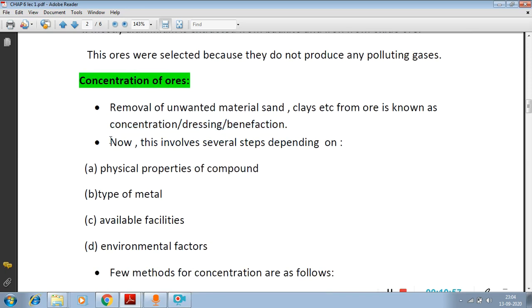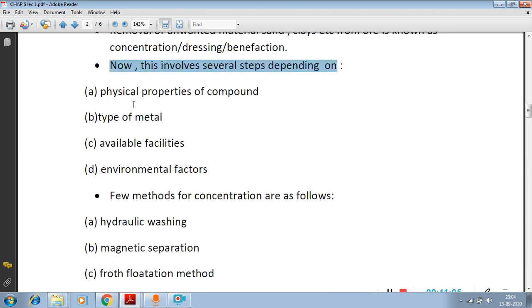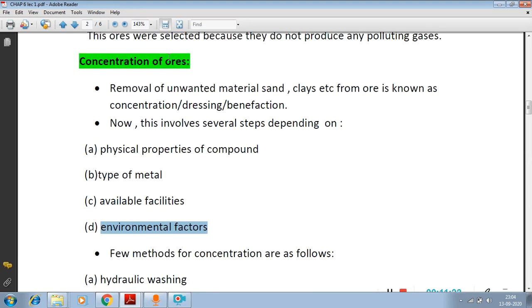Now this involves several steps. Concentration involves several steps, and these steps depend on the physical property of the compound, the type of metal we are getting, available facilities, and environmental factors. From these four factors we can decide the steps for concentration of ore.